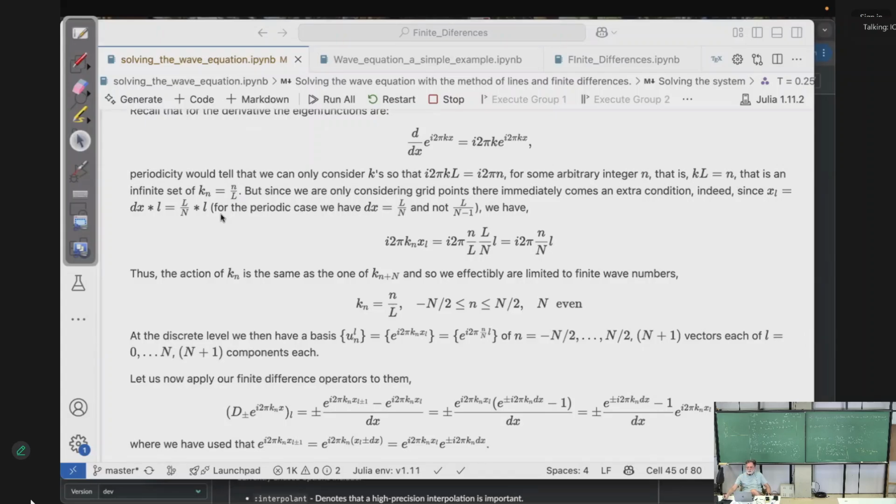First, you want things that are periodic, so you require that when you move a distance L in x, you get the same point, so this should be proportional to some n times 2 pi i. That fixes k: k has to be n over L, where n is some integer and L is the distance.